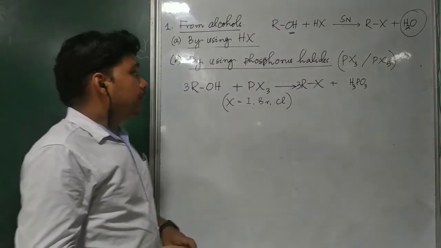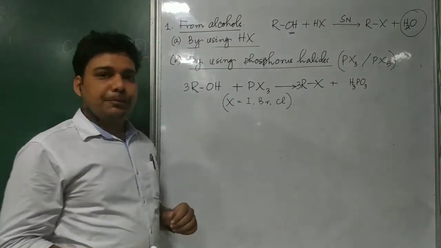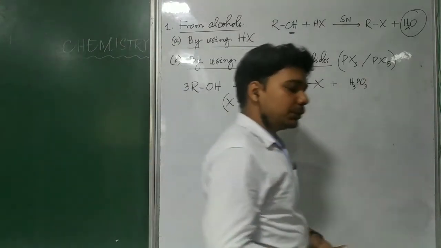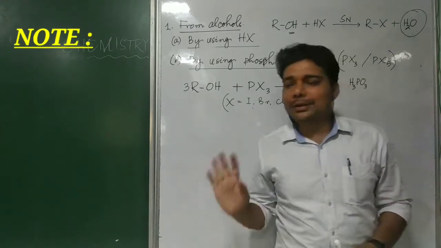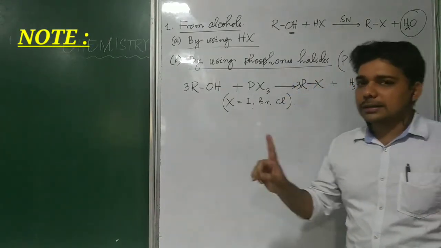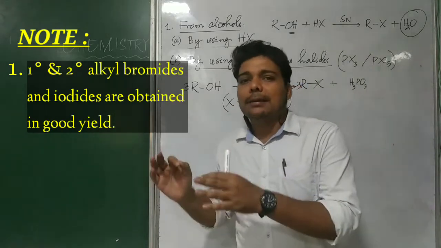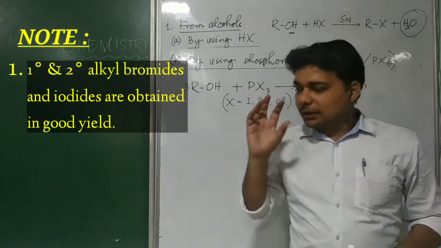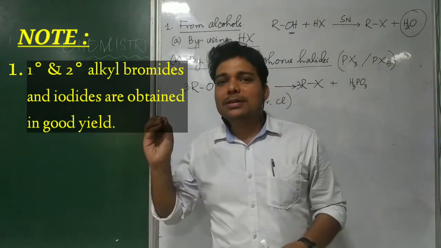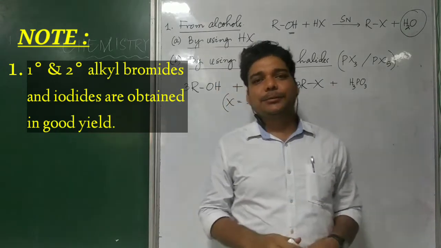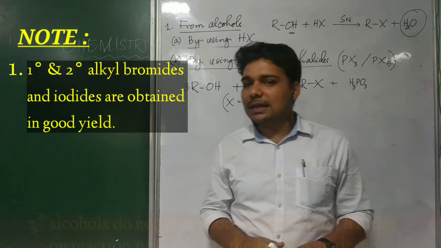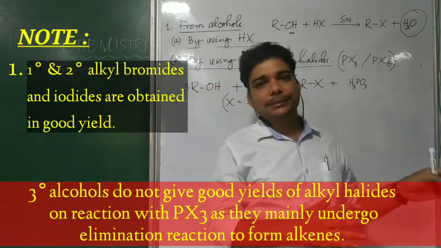Before moving towards the mechanism of this reaction, it is necessary to know some noteworthy points. First, this method is particularly applicable for the preparation of primary or secondary alkyl halides. Tertiary alkyl halides cannot be prepared easily.